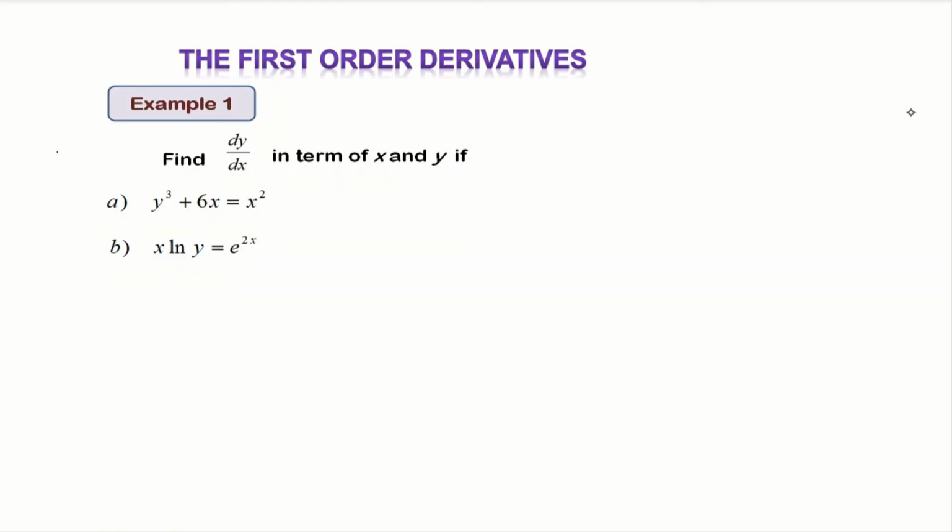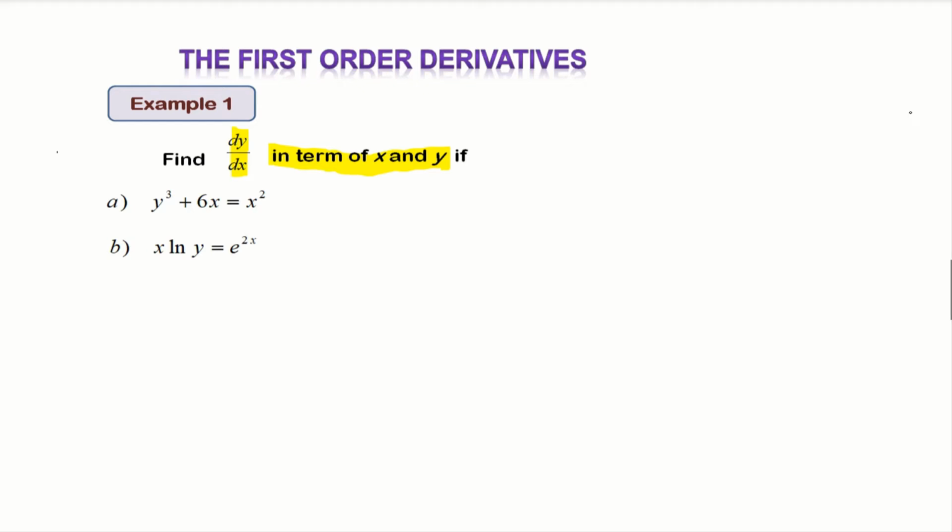The first order derivative. Let's look at example 1. Find dy/dx in terms of x and y. So the question asks to find dy/dx in terms of x and y. So the subject should be dy/dx, and on the right hand side we should have x and y terms.